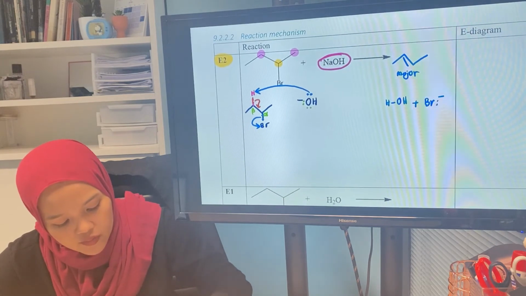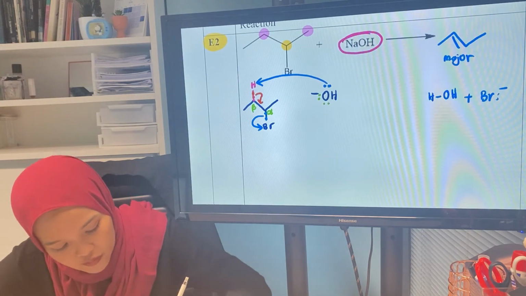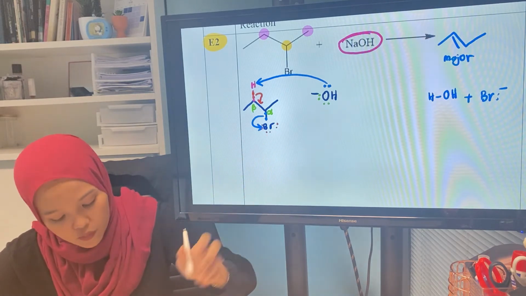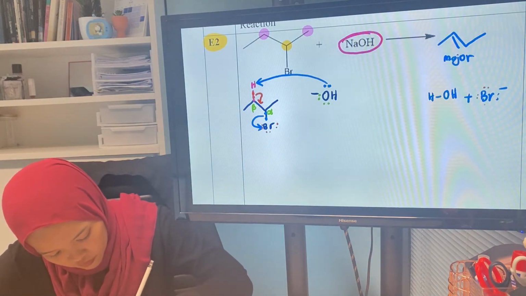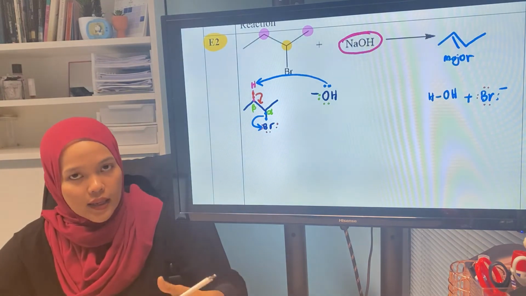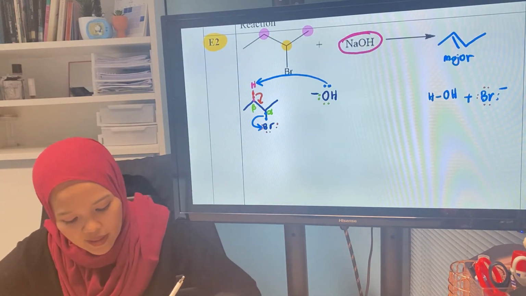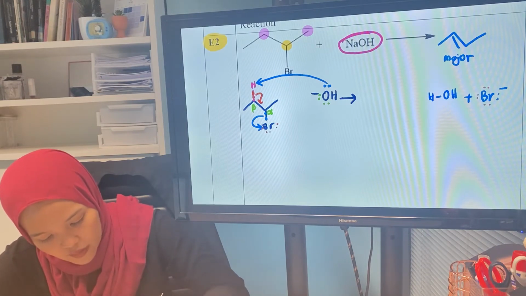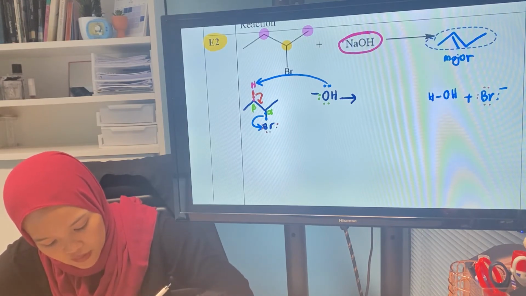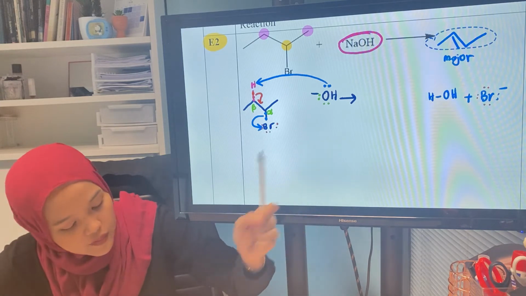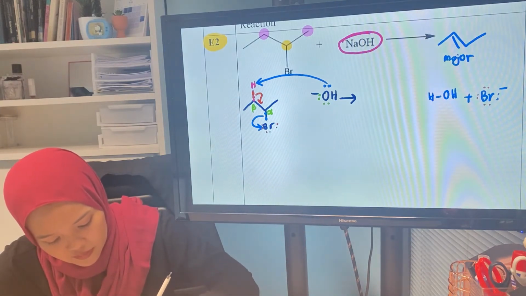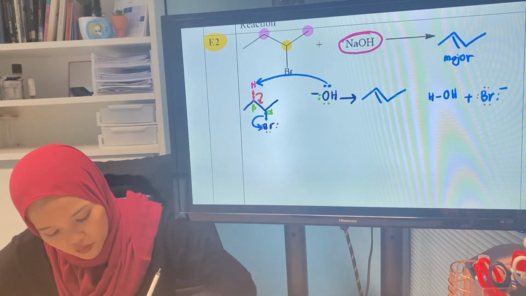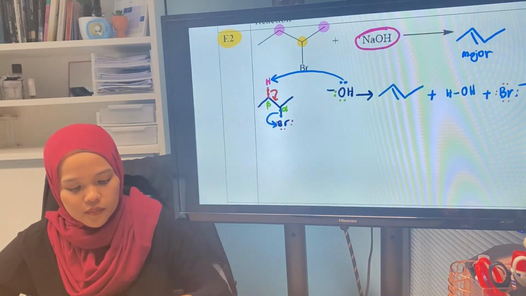The two electrons are being transferred there. Actually, there are 3 lone pairs, so if you want to draw them, you can. If you don't, I also understand. Your main product here is going to be this one. I will just copy this one and paste it here. So that is how you draw the E2 mechanism.